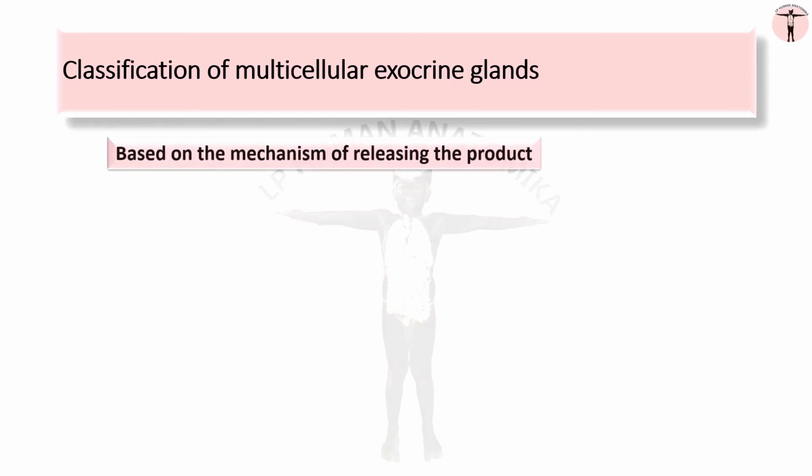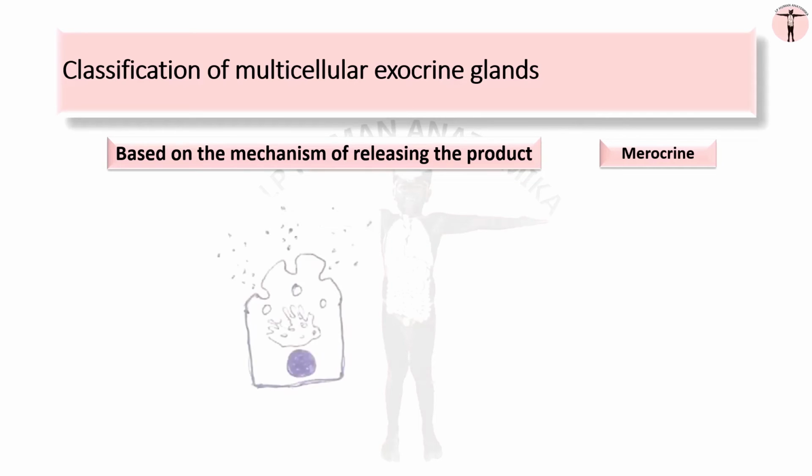Based on the mechanism of releasing the product, it is classified into merocrine, apocrine and holocrine glands. In merocrine or eccrine or epicrine glands, the secretions are thrown out of the cells by a process of exocytosis with the cells remaining intact.